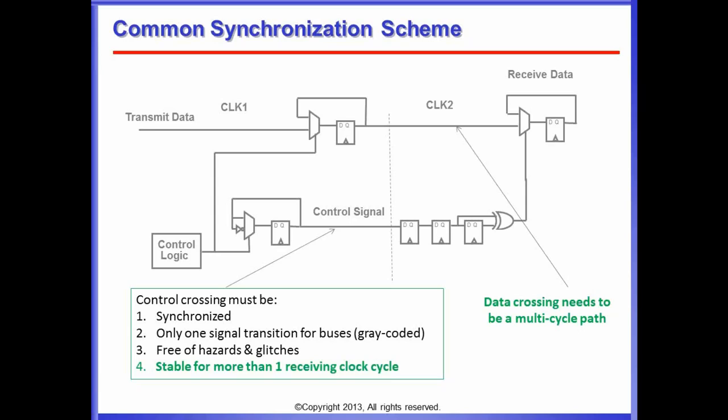So what you can find out with the structural analysis is whether this is a true multi-cycle path, where the data shouldn't be captured with the first edge of the receiving clock, but with the second edge, to avoid any kind of, let's say, garbage coming in here being captured.